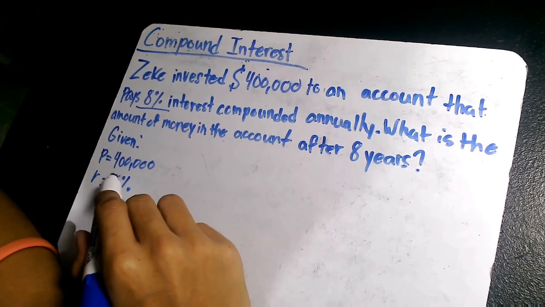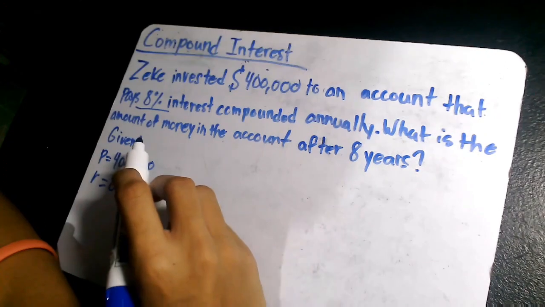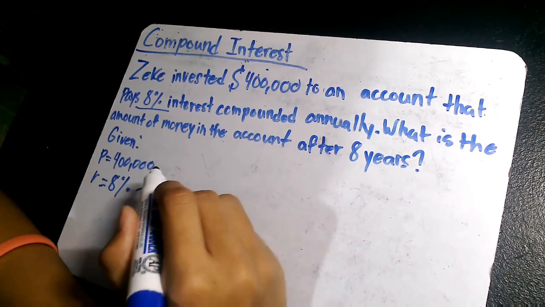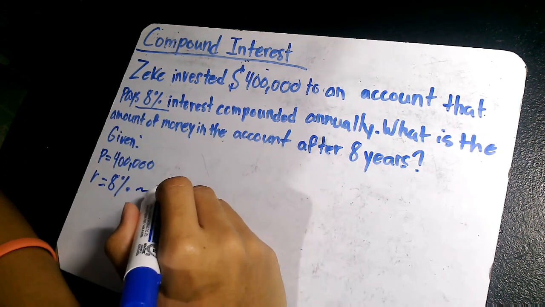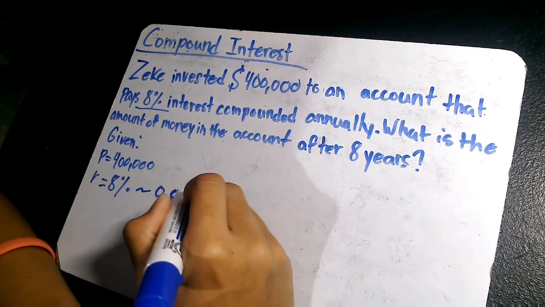And rate is equal to 8%. After identifying rate, it should be divided by 100 to get its decimal form. Then 8 divided by 100 is 0.08.